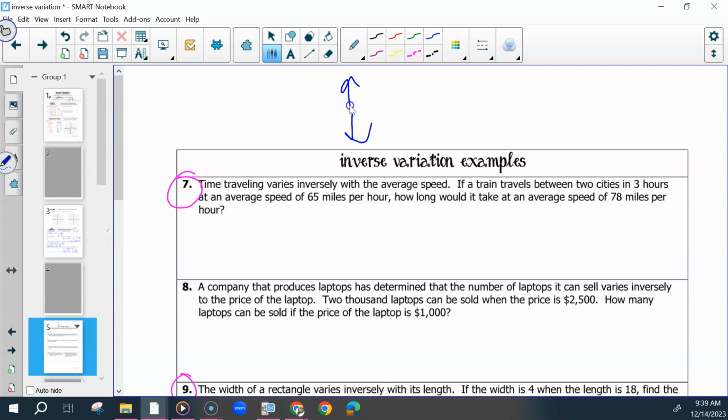Alright, so start reading number 7. Go ahead, Rose.